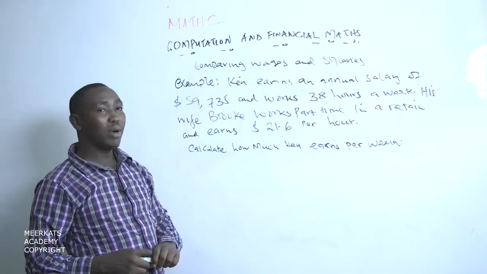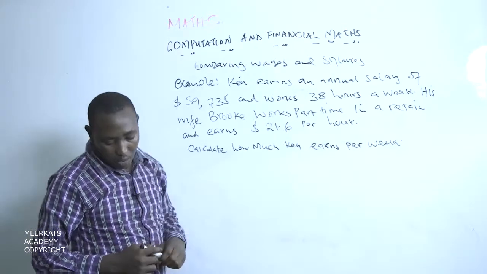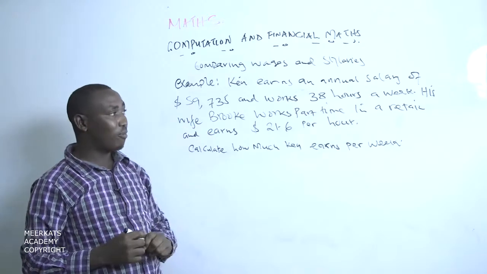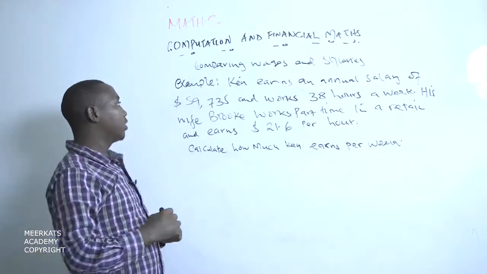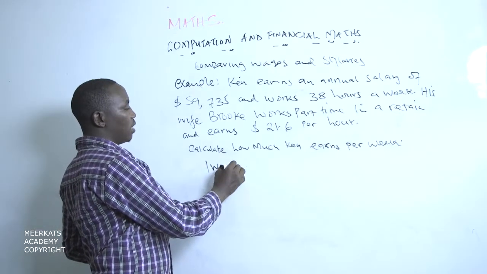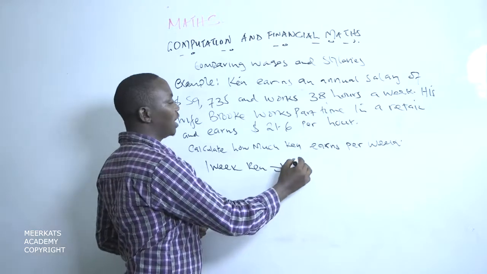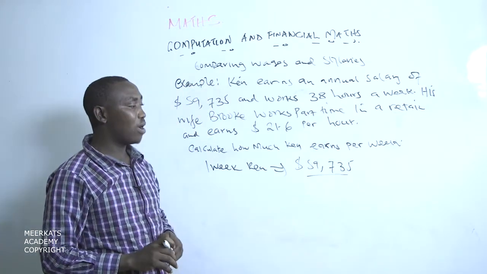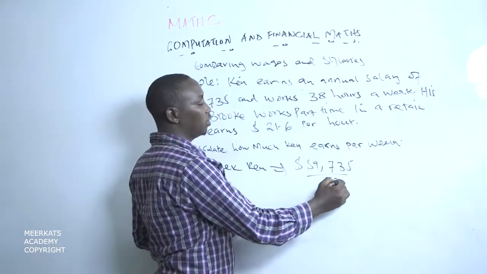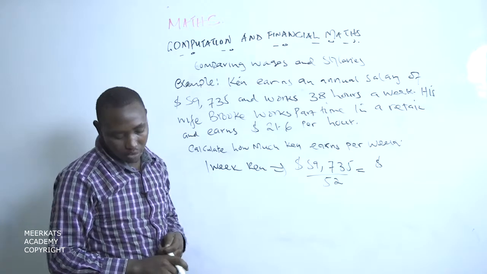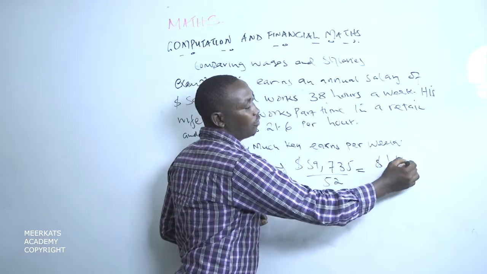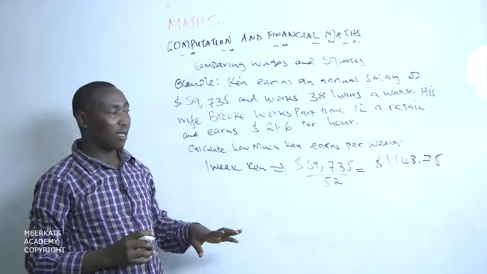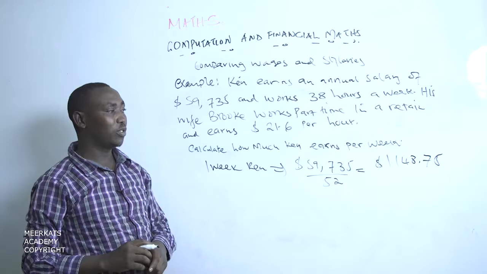For us to calculate how much he earns at the end of 1 week, we need the number of weeks in a year, and a year has 12 months, which translates to 52 weeks. So in 1 week, Ken will earn $59,735 divided by 52, which will translate to a total of $1,148.75 in a week.